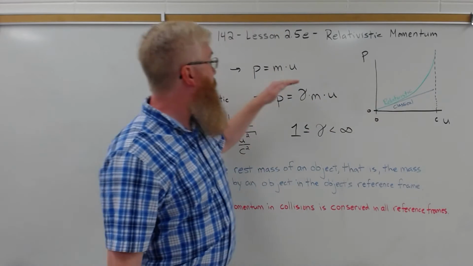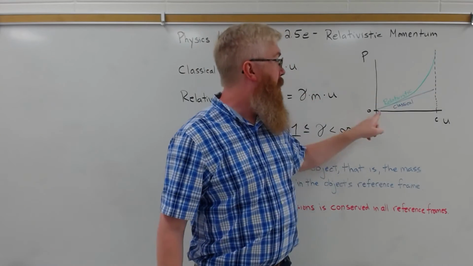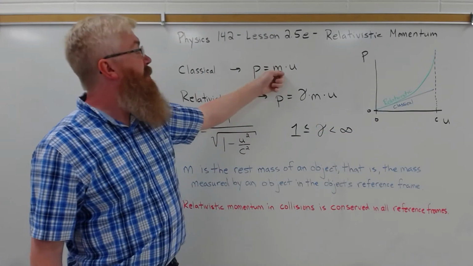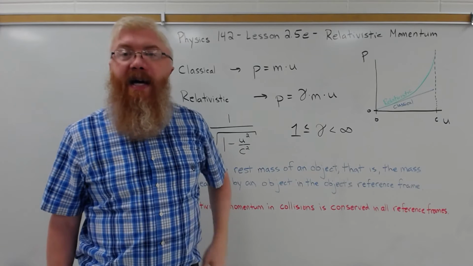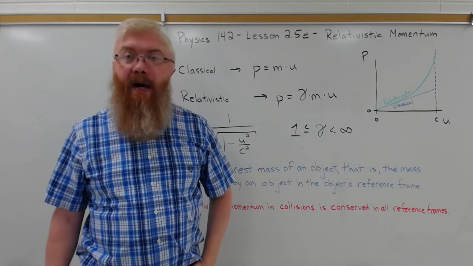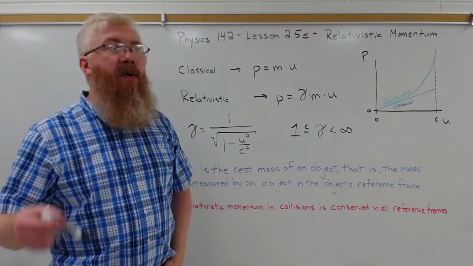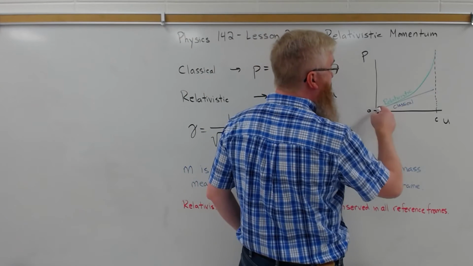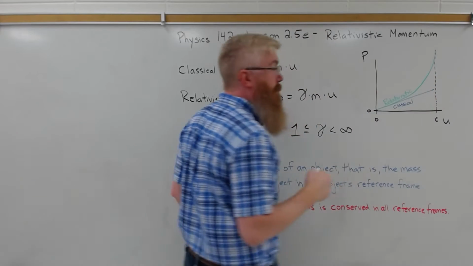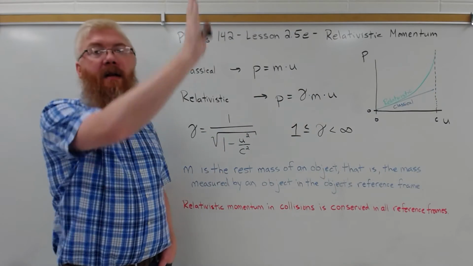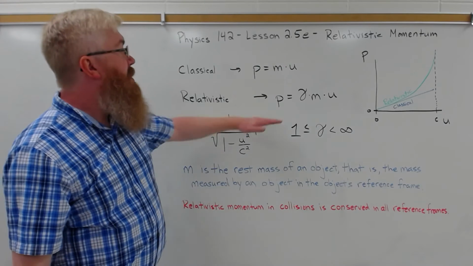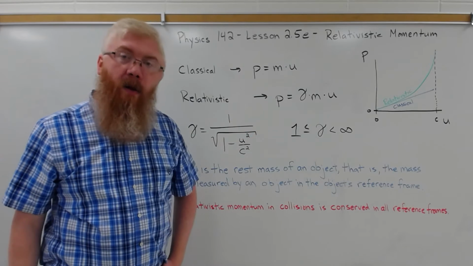Classically, this equation will give you the blue line, where the momentum would just reach some maximum. If you know the mass of the object and plug in the speed of light, that tells you the classical limit of an object's momentum. But that's wrong. As the object approaches the speed of light, the momentum asymptotically approaches infinity. So you get a different result for objects traveling close to the speed of light.